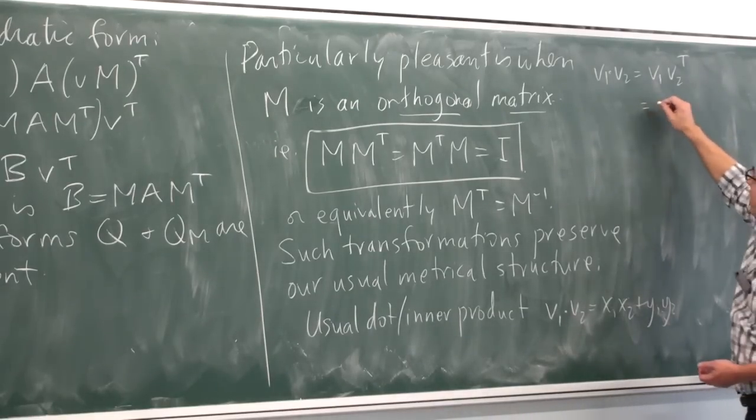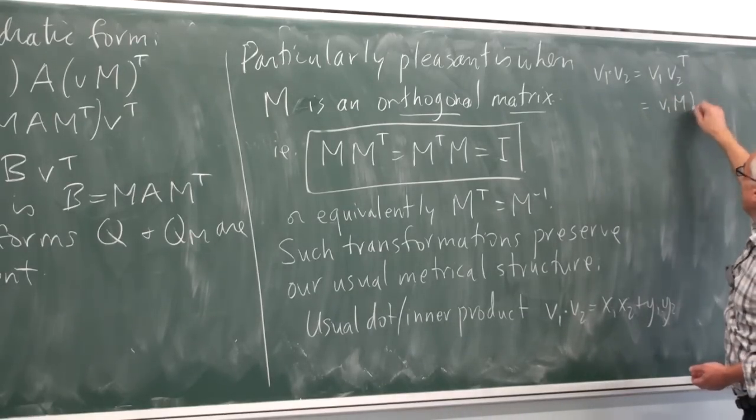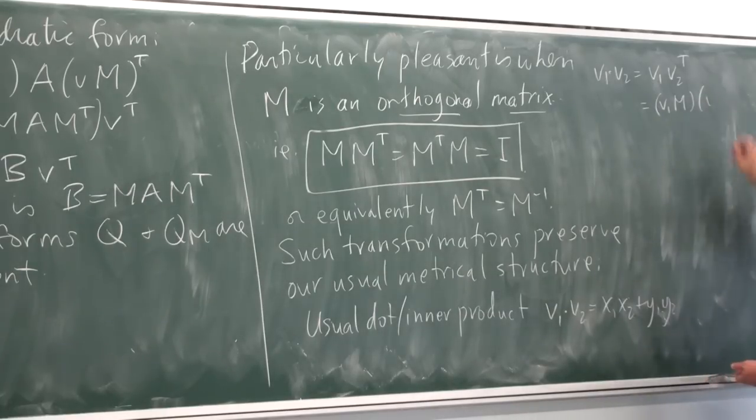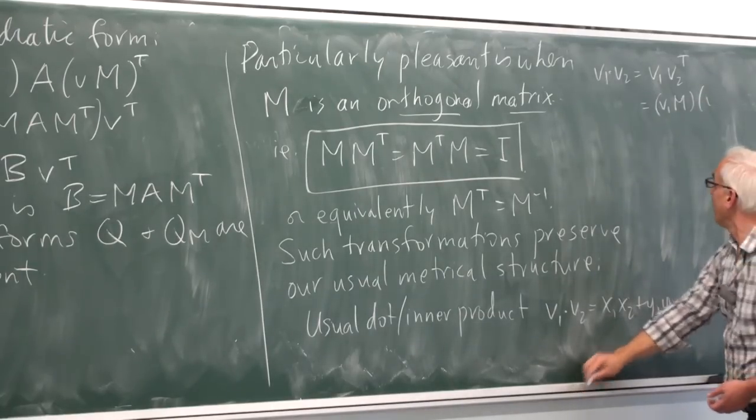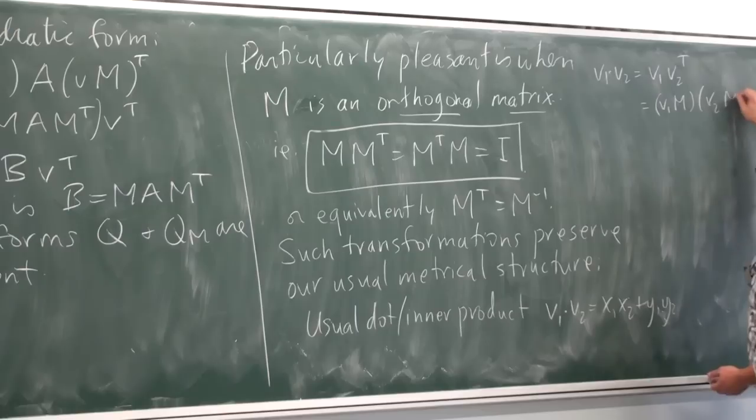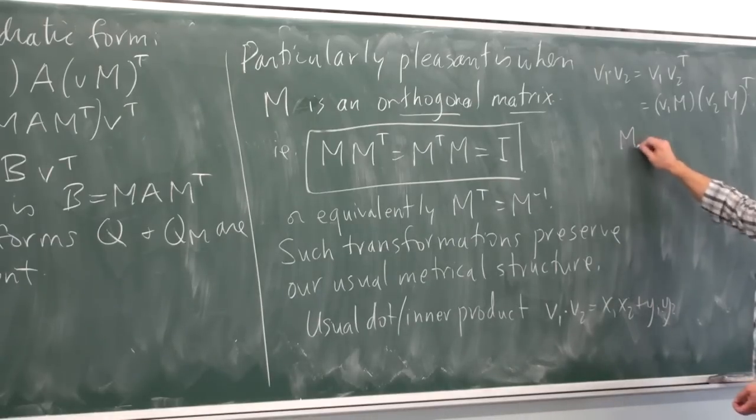And then if we have an orthogonal matrix, it'll be the same as v1 M times v2 M transpose if M is orthogonal.